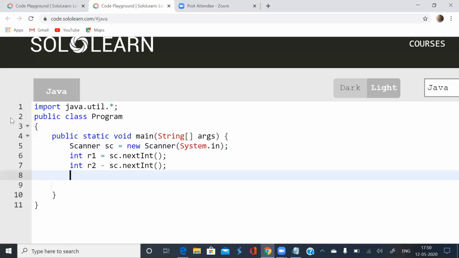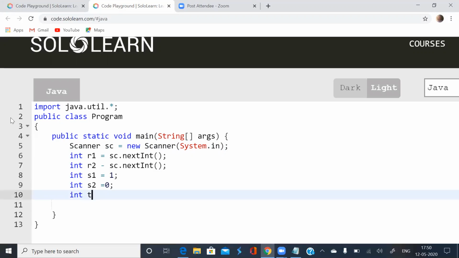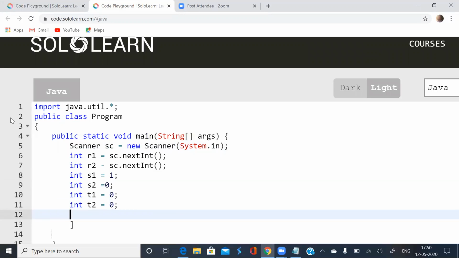Fine. Next assign, say s1 is equal to 1. S2 equal to 0. T1 equal to 0. T2 is equal to 1. Okay.